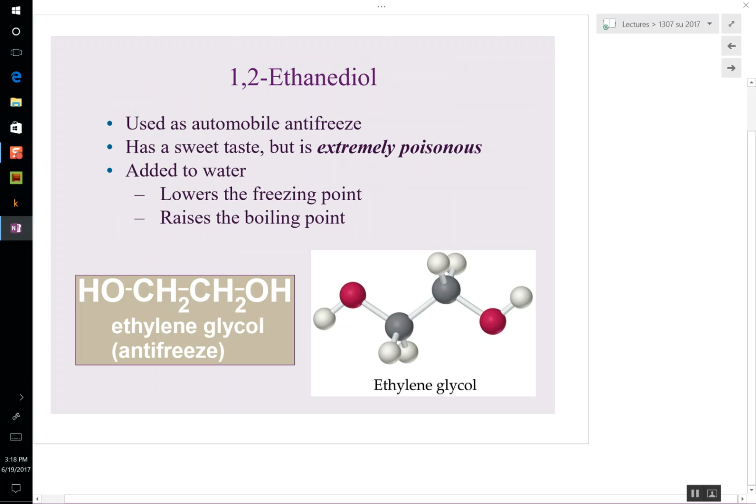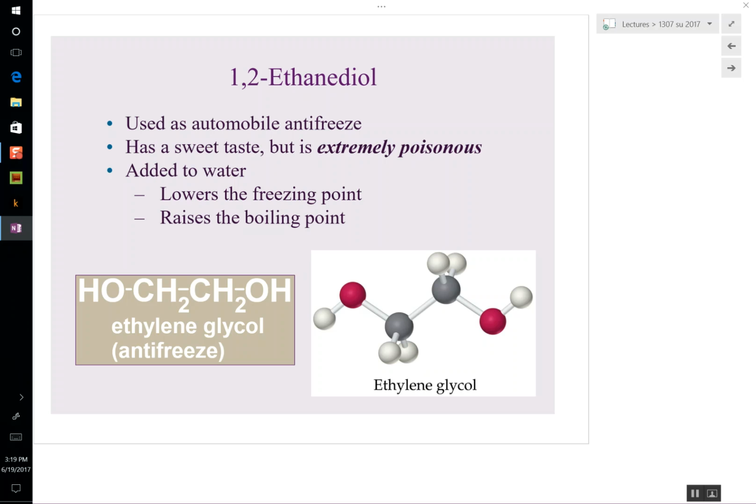This is antifreeze, 1,2-ethane diol. If you put a hydrogen here, you have ethanol. You put another OH on ethanol, and you get ethylene glycol, or 1,2-ethane diol. You see how they're handling two alcohols?